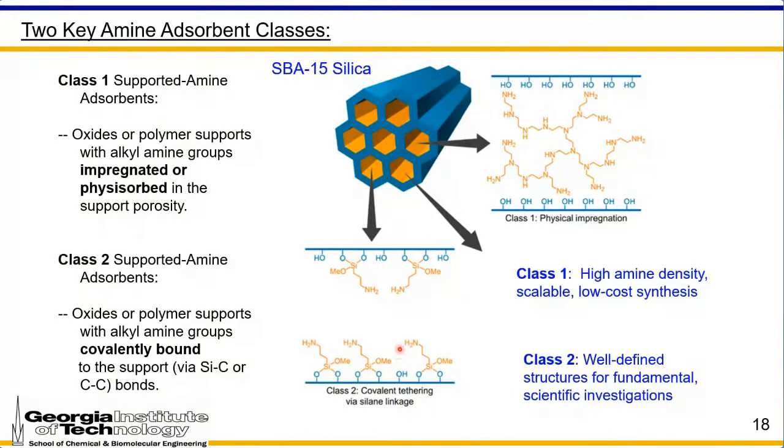However, because silanes are relatively expensive compared to, say, pre-synthesized aminopolymers, when we're trying to deploy these types of materials at scale, it's typically going to be a porous support material. In this case, SBA15 silica is what we use for our scientific studies, that has the pores impregnated in a non-covalent way with a low molecular weight, highly branched polyethylene amine as an example of an amine polymer.